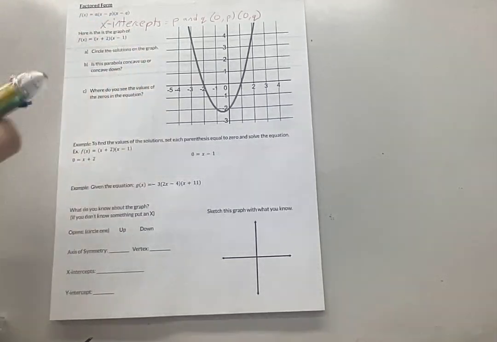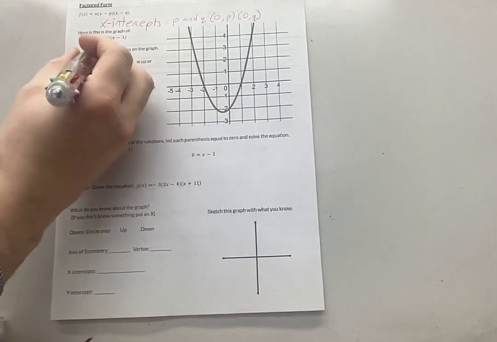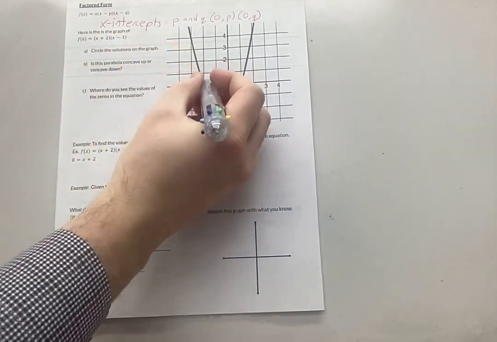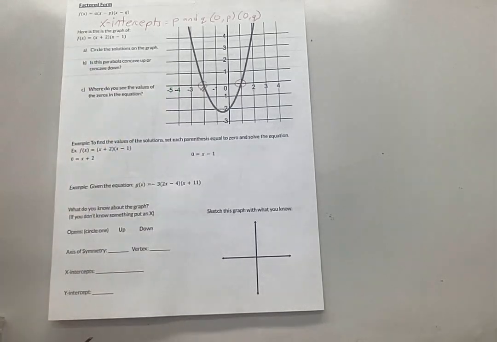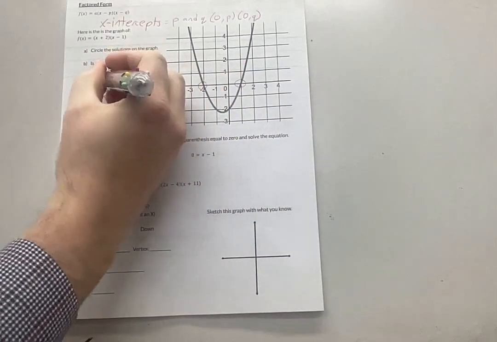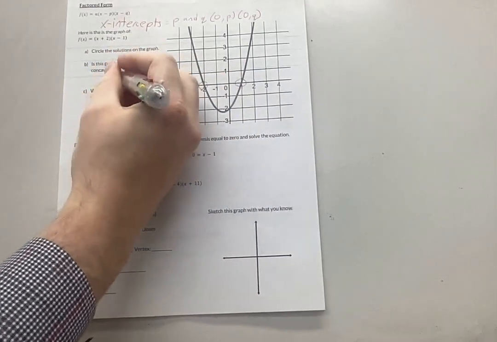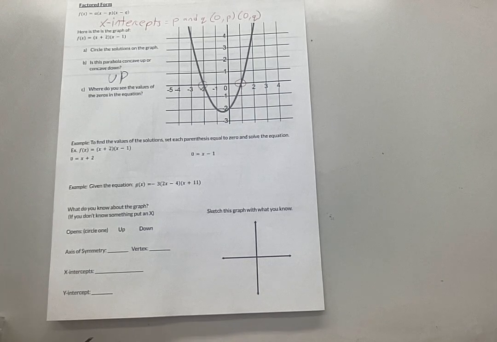So in this example, it's asking us to first look at this graph and circle the solutions on the graph. So we can just visually see that the solutions are there. Is the parabola concave up or concave down? Well, since it is a U shape, it has a minimum, it is concave up. And where do you see the values of the zeros in the equation?